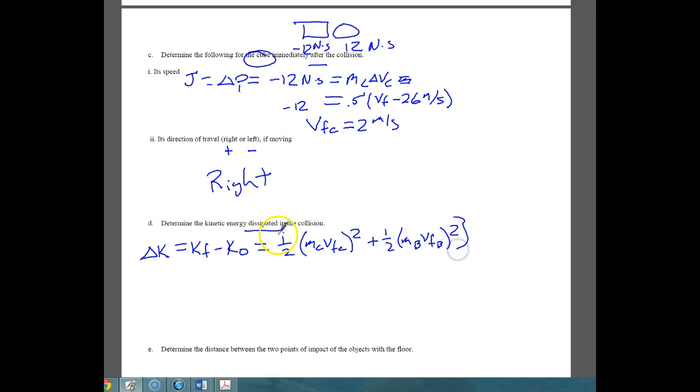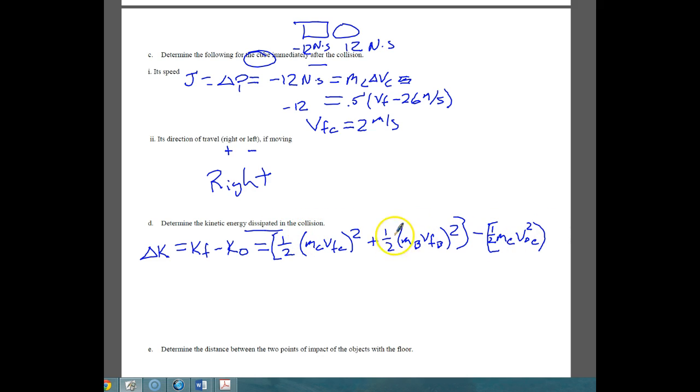Then we'll take that whole thing and subtract the original kinetic energy. The original kinetic energy here would be 1/2 times the mass of the cube times the original velocity of the cube, and then we will square that velocity.